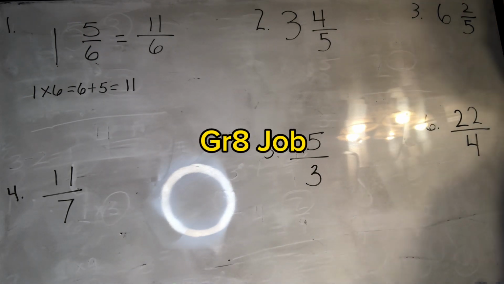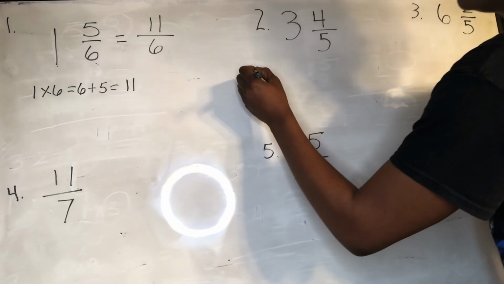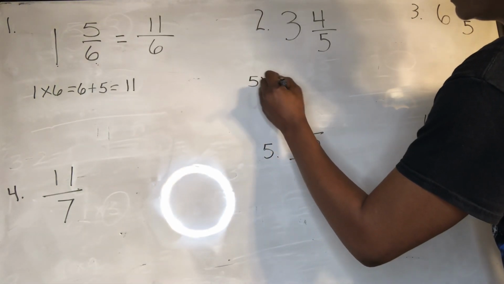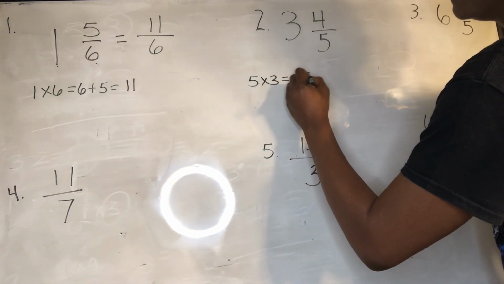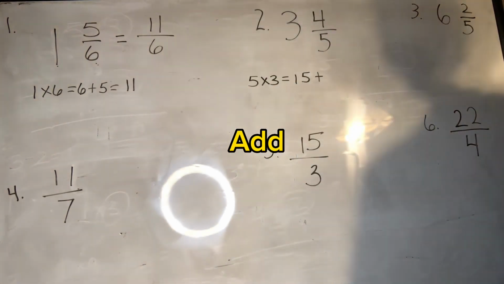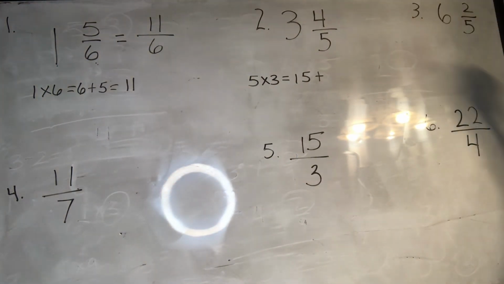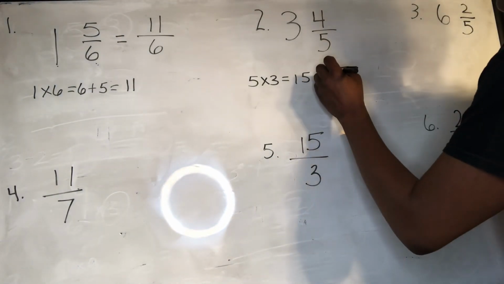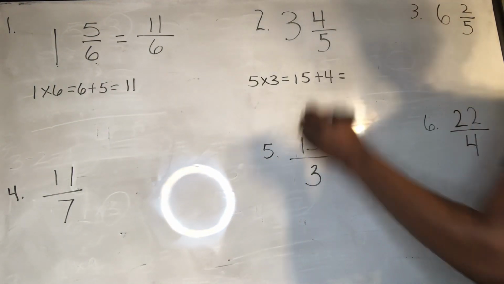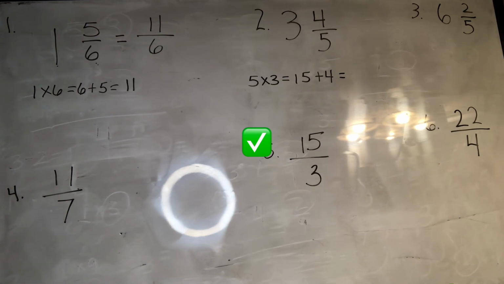There we go. So now we have 5 times 3 equals 15, but we have to add our numerator. And our numerator is 4. So we're going to add 4 to that 15. So you were just at 15.